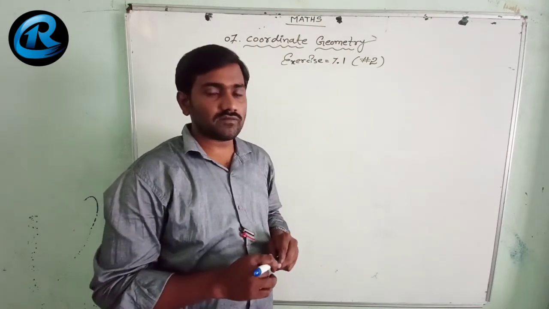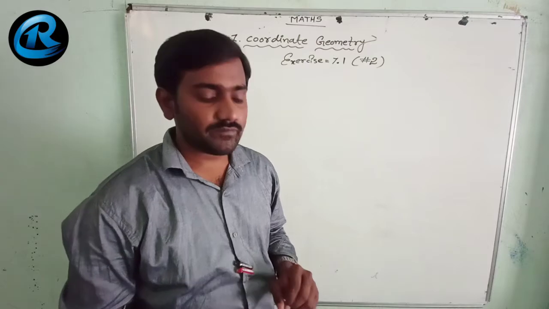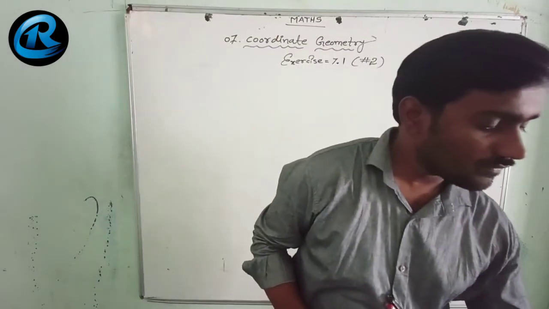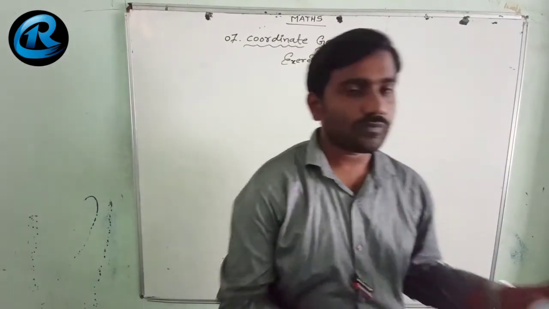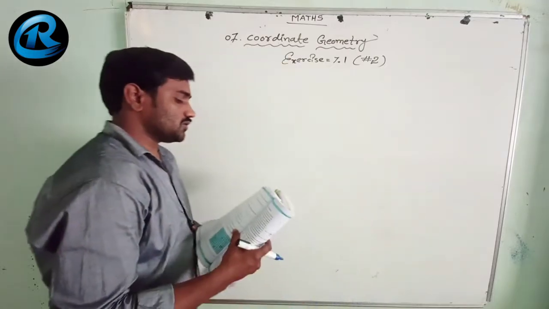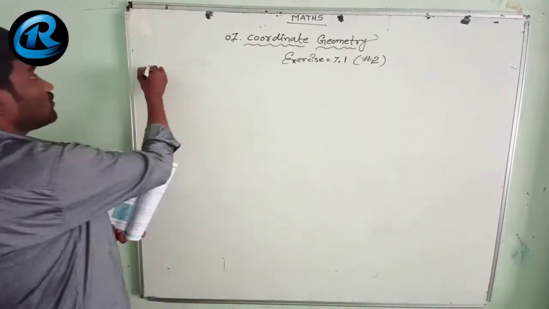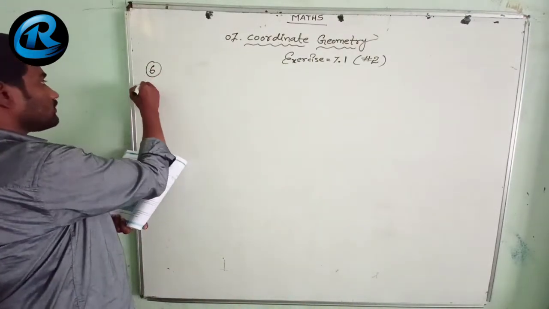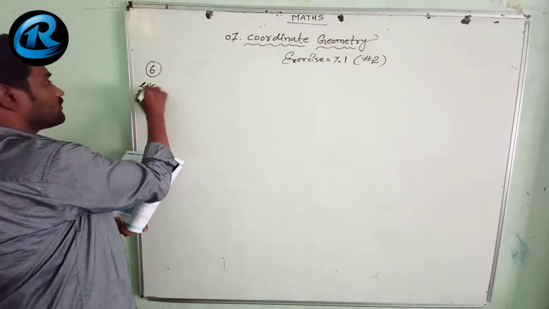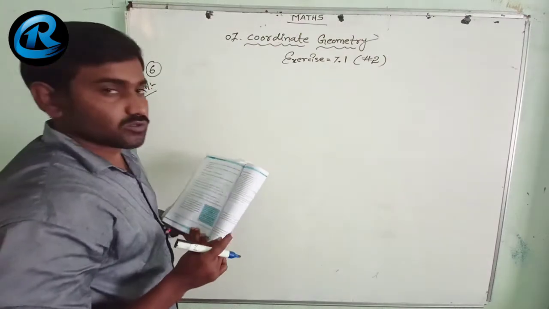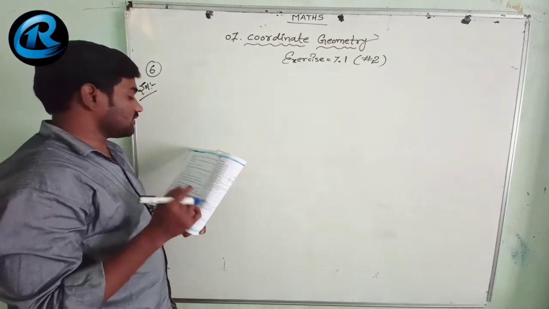Now in this video we are going to learn question number 6 to 16. So listen, go through every problem carefully. Don't skip the video, otherwise you cannot understand properly.